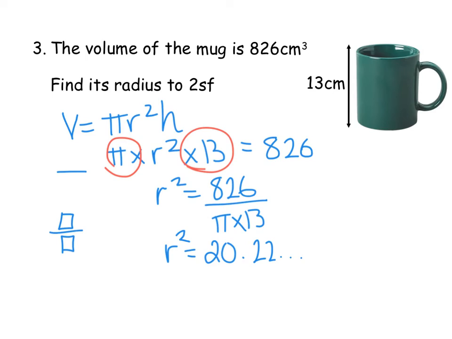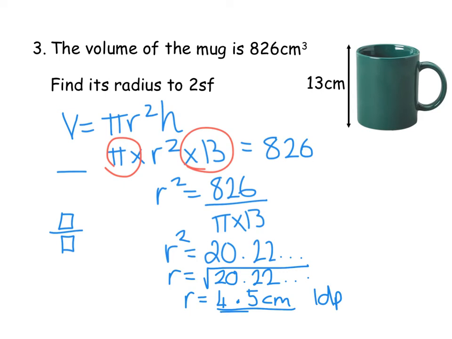Now, my radius isn't 20. My radius squared is 20, so we still need to square root that. Use the full number where preferable. So do your square root of your answer button. And we get out 4.5. Sorry, 4.5 centimetres, and that's to 1 decimal place. And that sounds about right. Radius of a mug could be 4.5 centimetres.